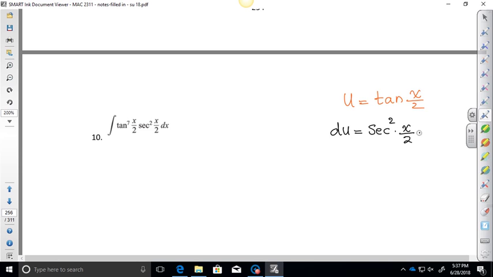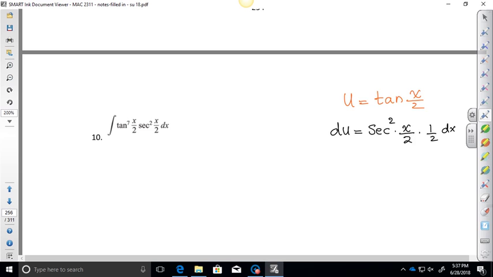No, we have to do inside. What's the inside? 1/2. The derivative of x over 2 is 1/2. But all we have in the integrand is secant squared x over 2.